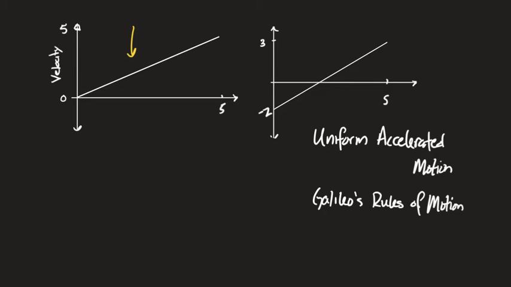And if you haven't come to grips with all the stuff that we've been doing, let's sum it up here. We've been talking about displacement. We've been talking about velocity, both a starting velocity and a final velocity. We've been talking about acceleration and time.